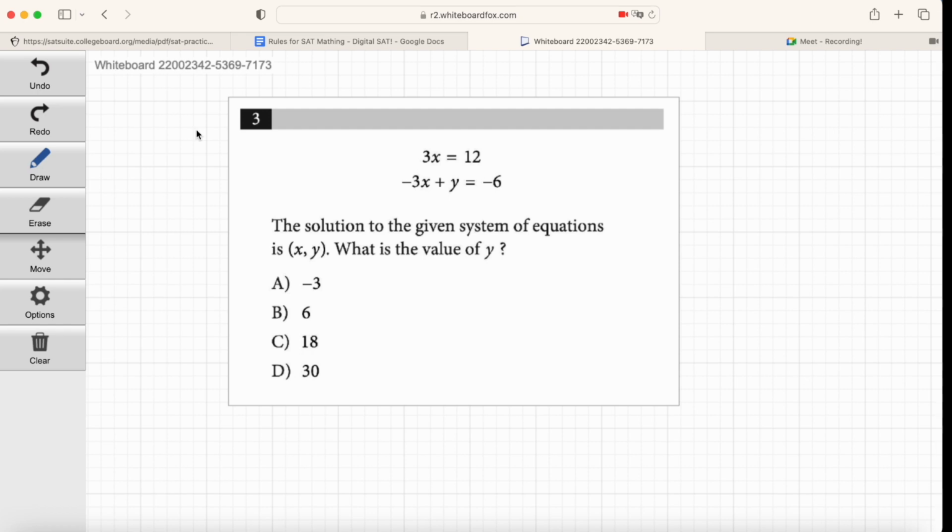Now, this is a systems of equations question. You've seen these before at some point in math class, I'm assuming. Do you know how to solve systems of equations? Are you relatively comfortable with that or not so much? I'm fairly comfortable with it. Yeah, there's two methods. One is called the elimination method, which is generally what I recommend on the SAT.